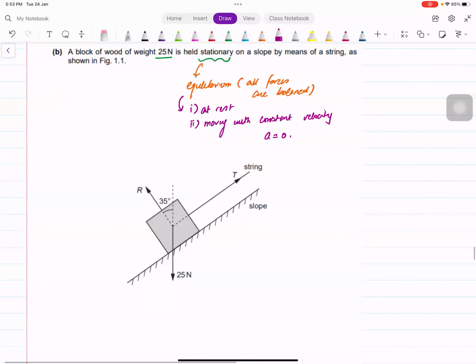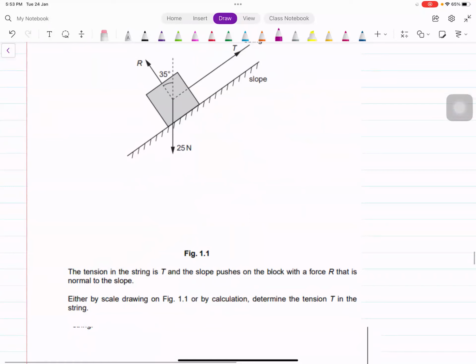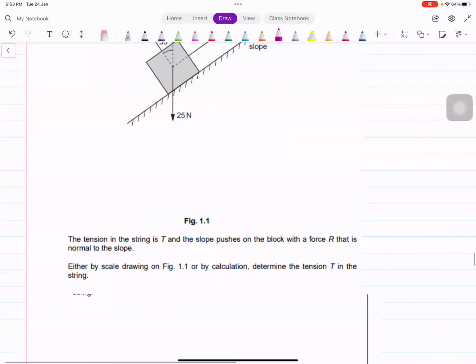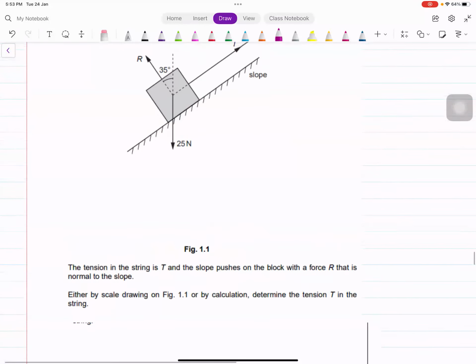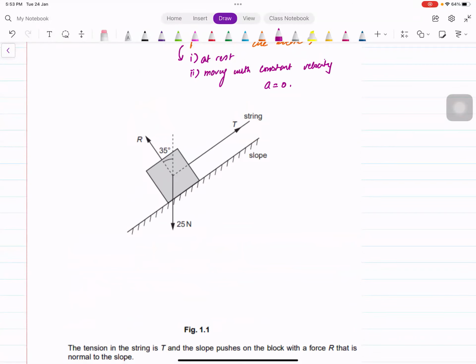Now, speaking of that, it says this diagram, and the tension in the string is T and the slope pushes on the block with a force of R, that is normal to the slope, and 35 degrees. Either by scale drawing or calculation, determine the tension in the string. All right. Right now, the slope is like this.